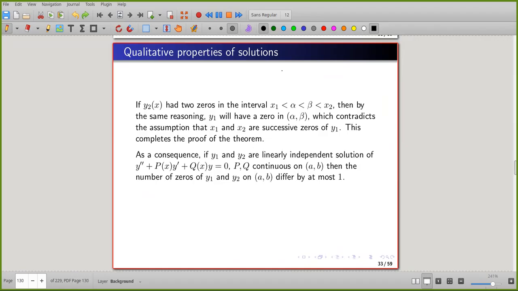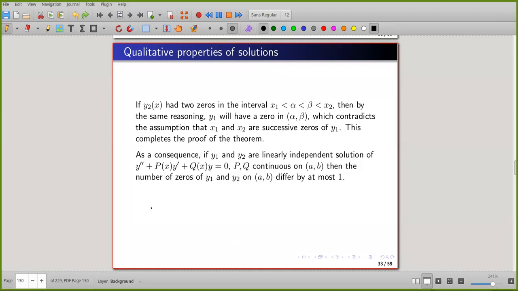As a consequence, if y1 and y2 are linearly independent solutions of y'' + p(x)y' + q(x)y = 0, with p, q continuous on (a, b), then the number of zeros of y1 and y2 on (a, b) differ by at most 1. This is going to be a simple exercise in combinatorics.